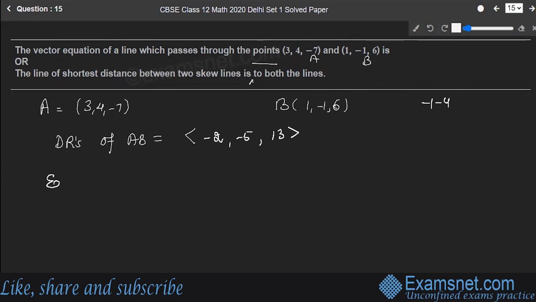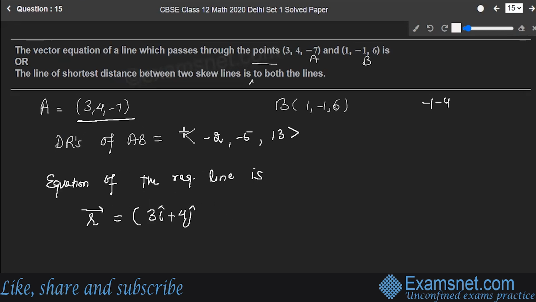Now, equation of the required line, which is asked. Equation of the required line is given by r is equal to 3i plus 4j minus 7k plus lambda minus 2i minus 5j plus 13k.